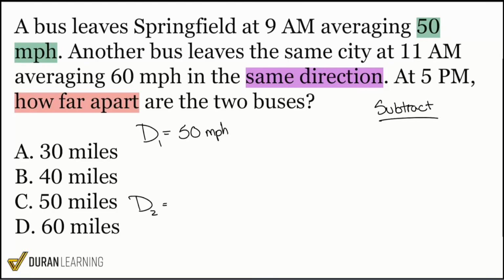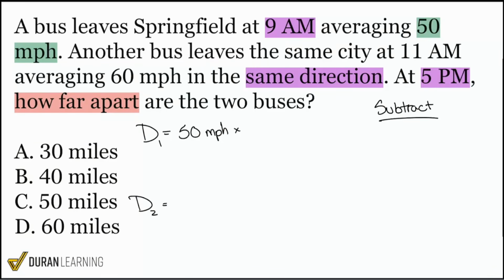And then we are going to multiply by what time period? I see 9 a.m., I see 11 a.m., I see 5 p.m. What time period is bus A actually moving for? To figure that out, we have to understand the difference in time between 9 a.m. and 5 p.m. That's where the first bus starts and stops.